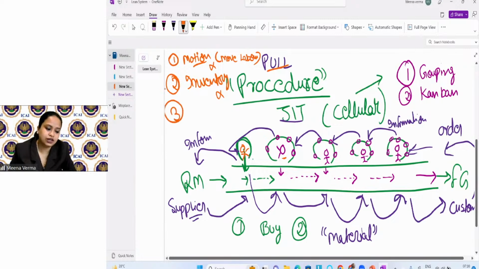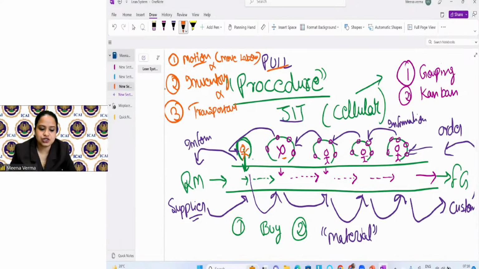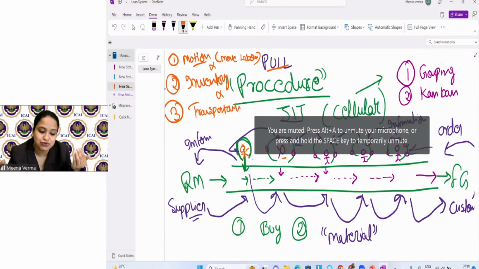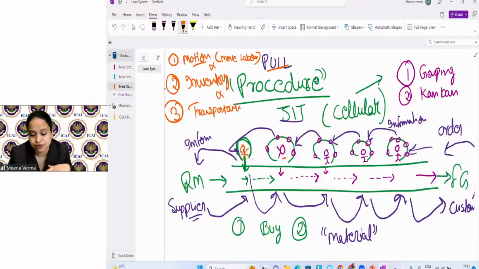Then we have learned about transportation. This is also a waste. Transportation means unnecessary movement of inventory within the warehouse. Since it is working on a just-in-time system, when there is a requirement, only then we buy the product.